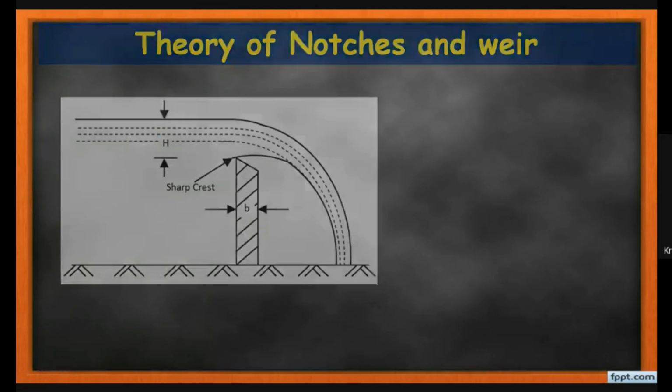We are going to find out the discharge over the rectangular notch or weir.